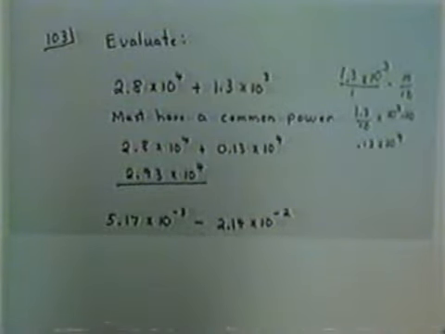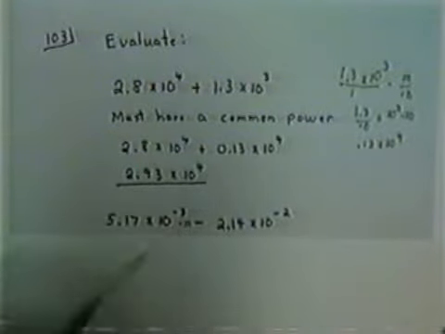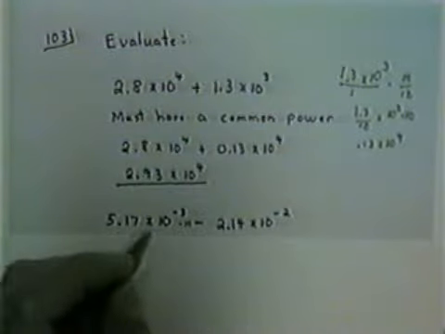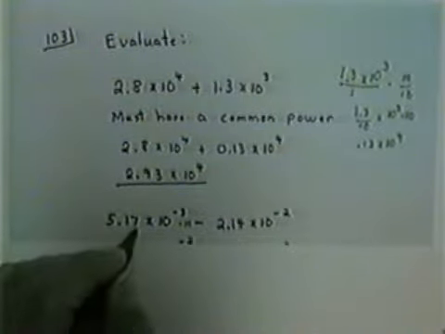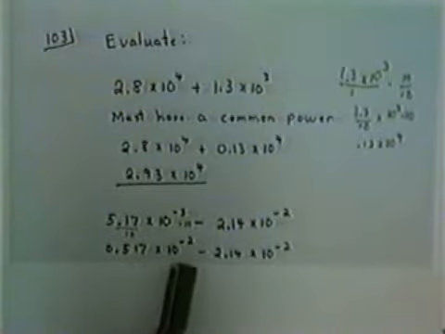Well, if I'm going to get an exponent of negative 2, that means I need to multiply by 10. Well, if I multiply by 10, in order to keep everything equal, I've got to divide by 10. In other words, I'm multiplying by 10 over 10, which is 1. So that gives me 0.517 times 10 to the negative 2.